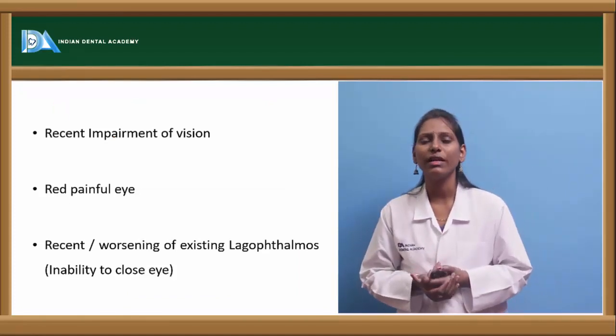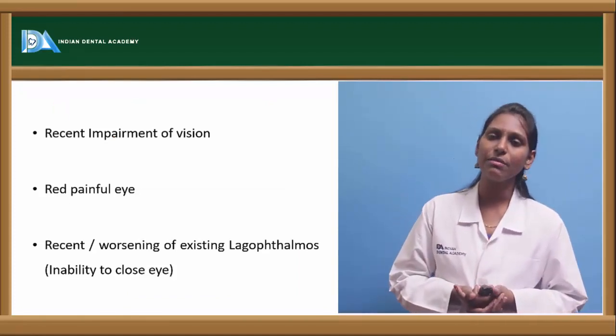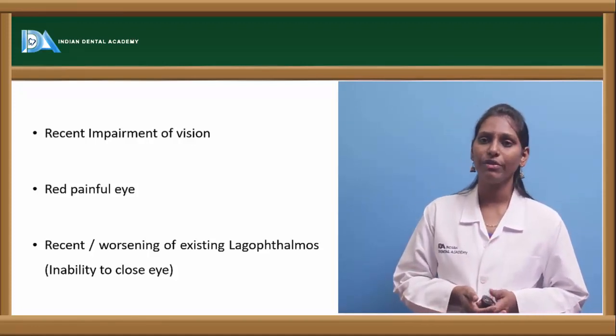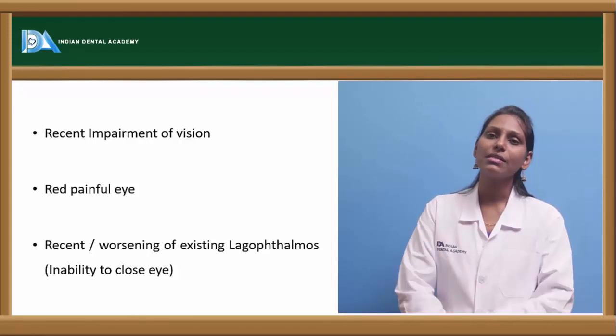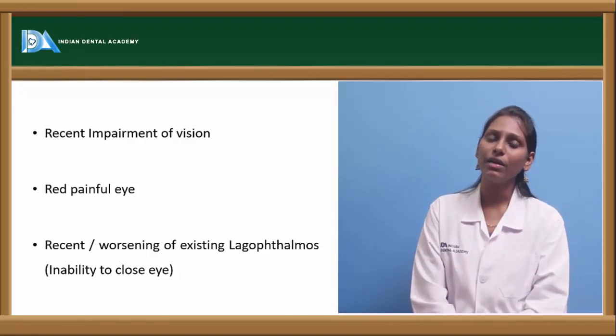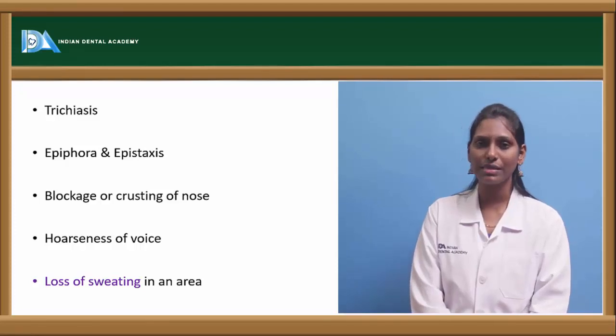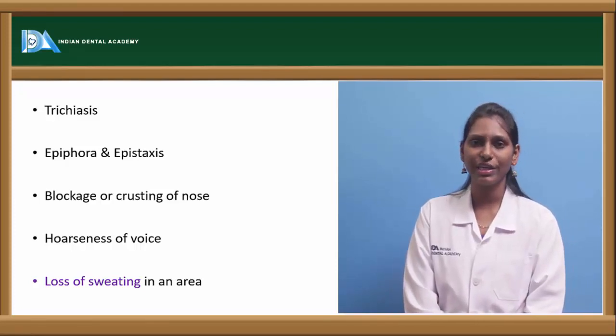Normally these patients also have impairment of vision, and a red painful eye is another common feature of leprosy. If there is any existing lagophthalmos, it will be further aggravated in those cases. We also see something called trichiasis.